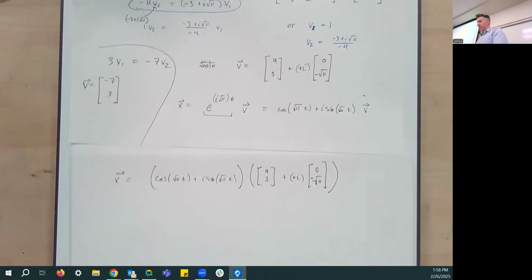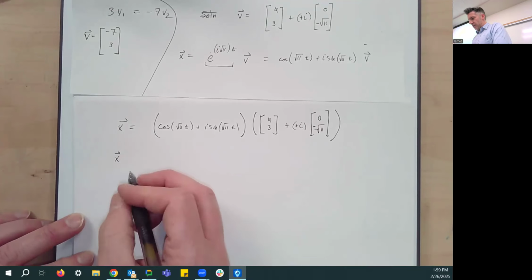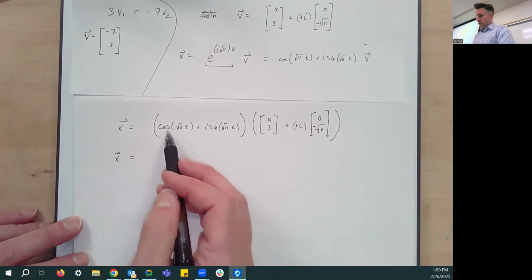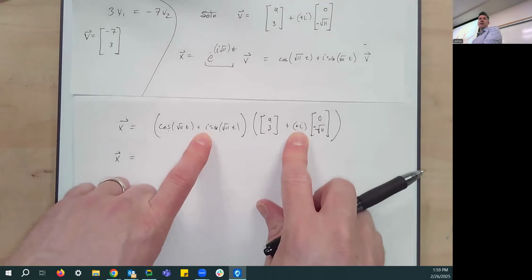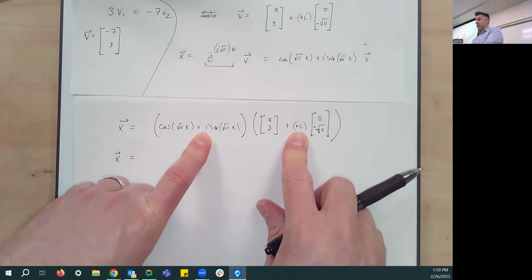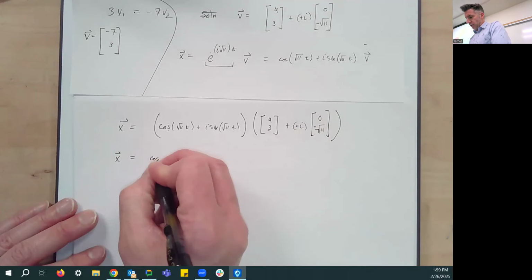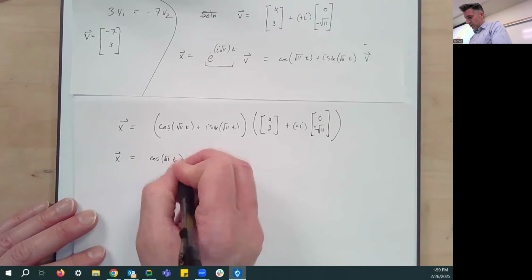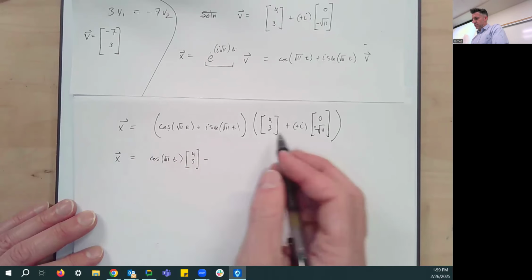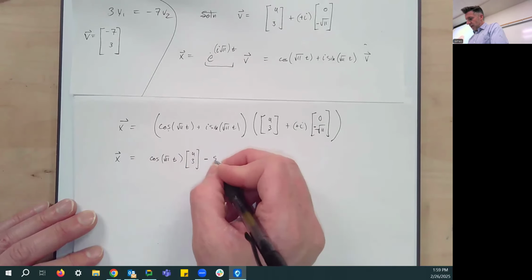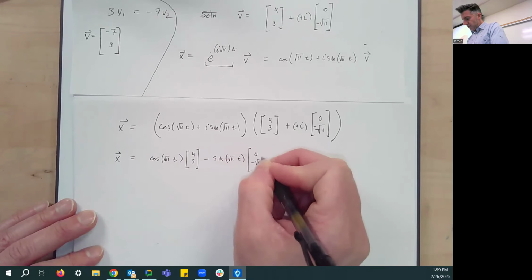And then we FOIL it out, but the foiling always works exactly the same way every time. So we FOIL this out, we have that x is equal to cosine times 4, 3, and then check this out. The i times i is i squared, which is negative 1. So you have negative sine times that vector there. So you end up getting cosine of root 11 times t times the vector 4, 3 minus sine of root 11t times the vector 0, negative root 11.